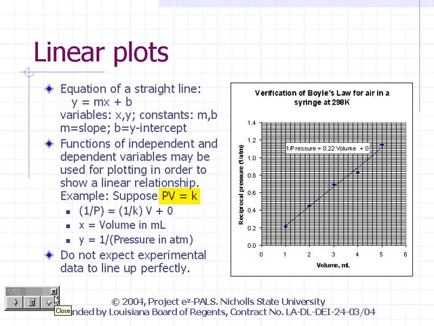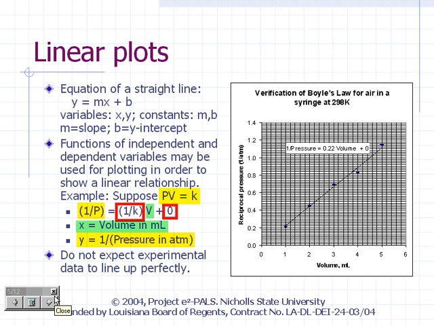This is a relationship that was discovered by Robert Boyle. We can rearrange this equation and show that 1 over pressure is equal to 1 over K times volume plus 0. Since K is a constant, 1 over K is also a constant.